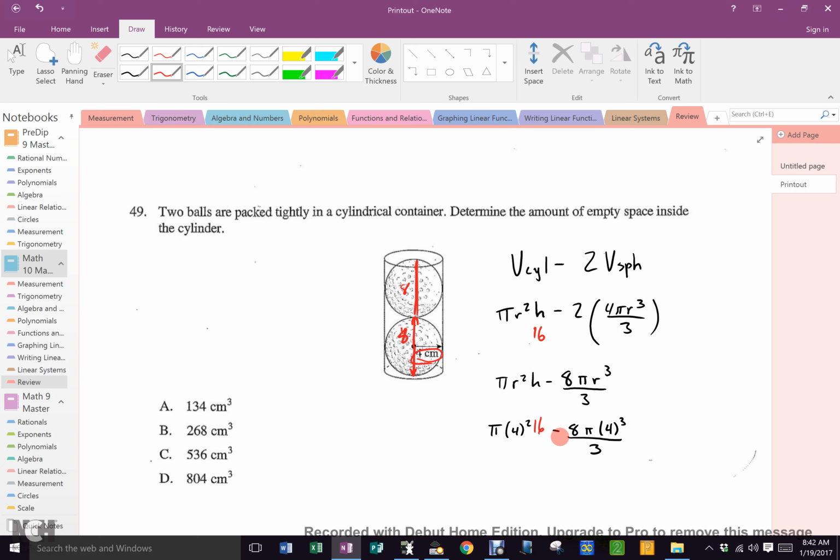Because I can get it into my calculator in one go. So, I know, right? It's a hassle.